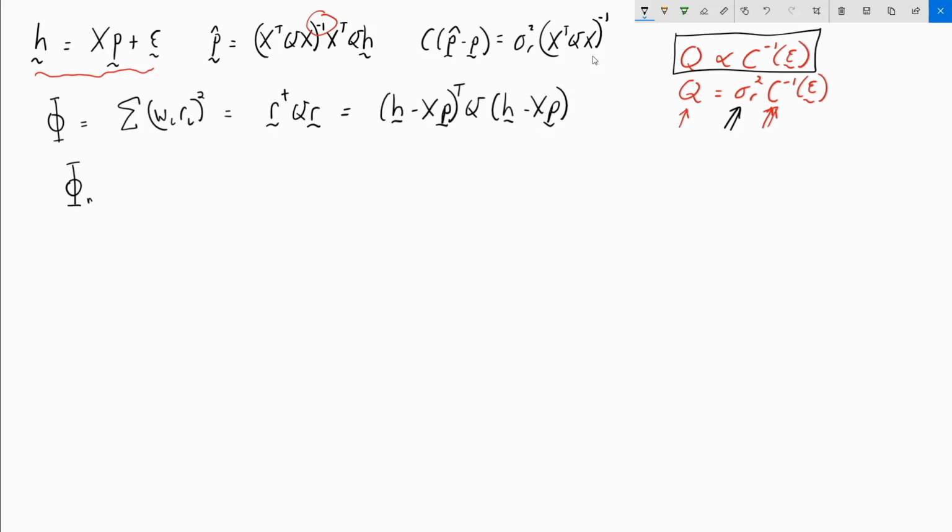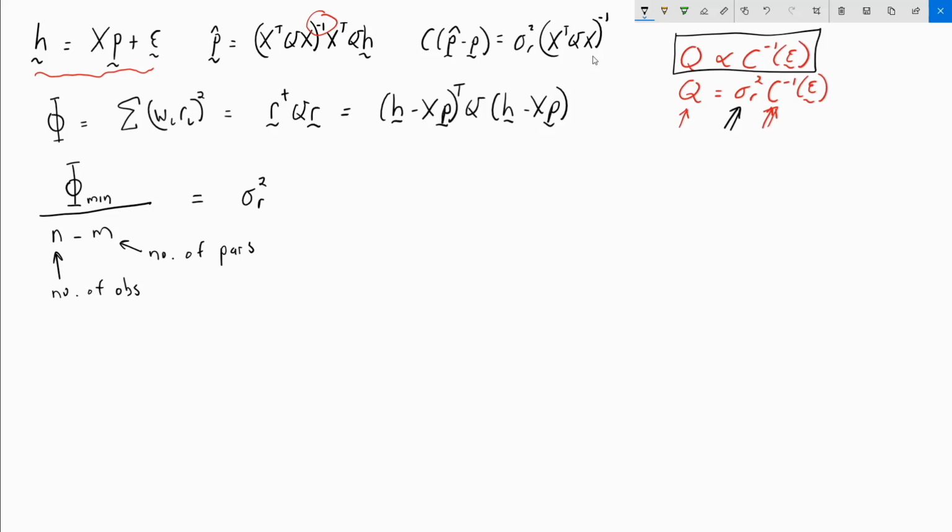So, once we've minimized the objective function, we can then divide that by n minus m, where n is the number of observations and m is the number of parameters that we're estimating, and that gives us an estimate of sigma squared r.